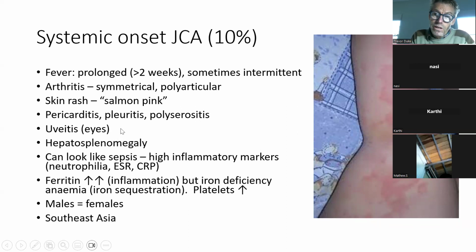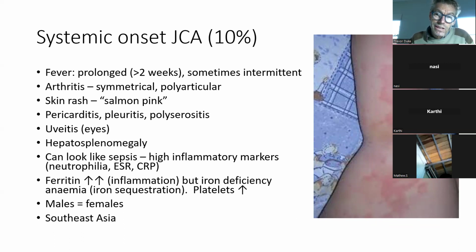Sometimes these children have uveitis, the inflammation of the eyes, the iris of the eye. Sometimes you can see it with just a torch, and sometimes it needs a slit lamp to see the uveitis. But ophthalmologists can usually diagnose this.